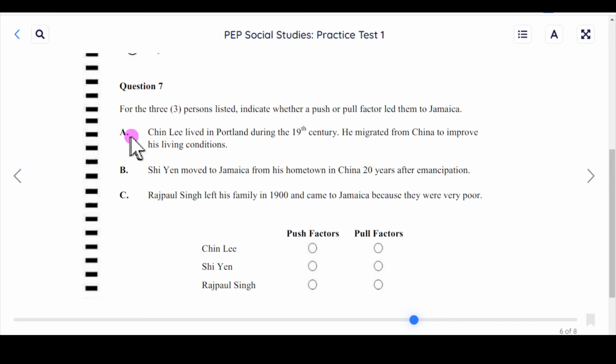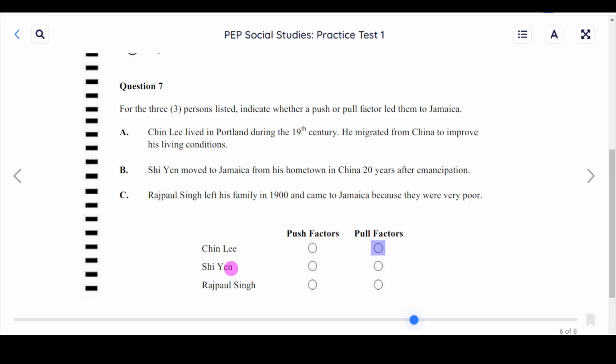So, A. Chin Lee lived in Portland during the 19th century. He migrated from China to improve his living conditions. So why would he come to Jamaica? Something pulled him here, and they say he wanted to improve the living conditions.